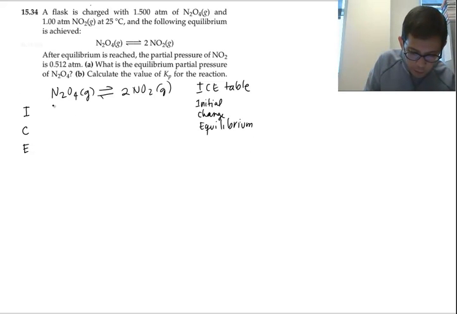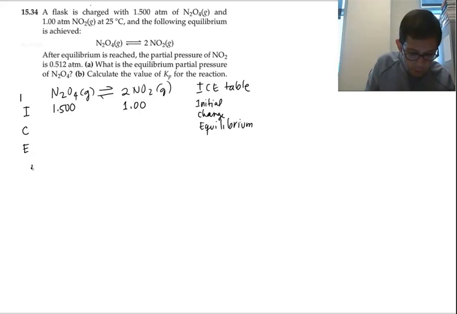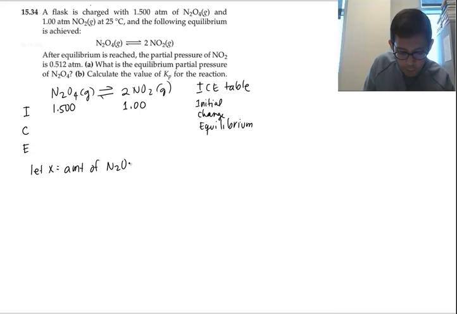So what are the initial values? Initially, N2O4 is 1.500, and initially NO2 is 1.00. Okay, so this is where the analysis comes in. We let X be equal to the amount of N2O4 that reacts.